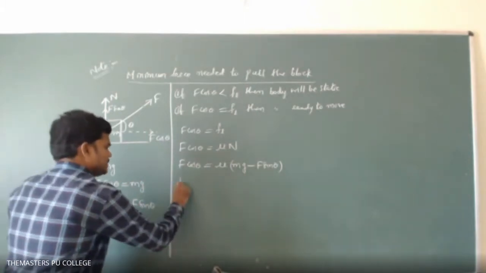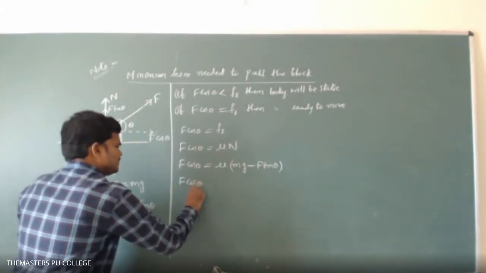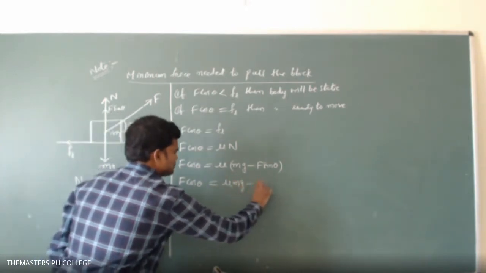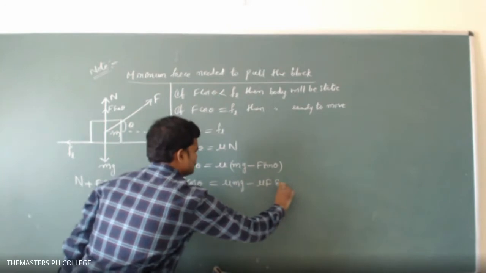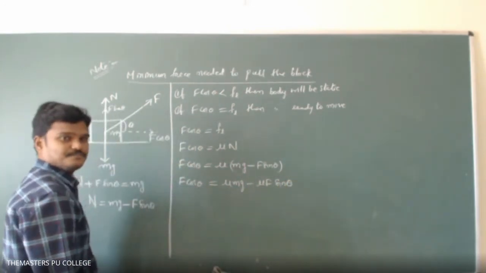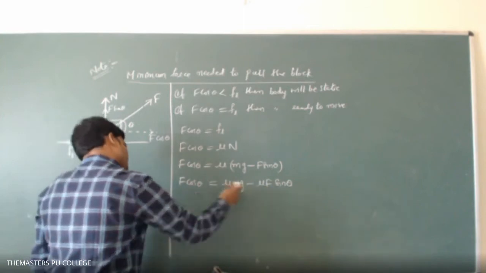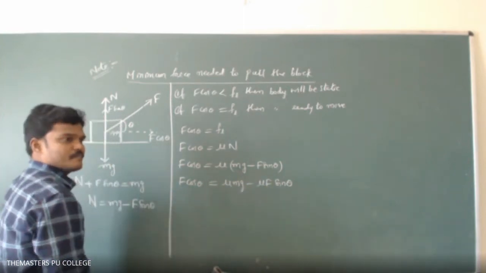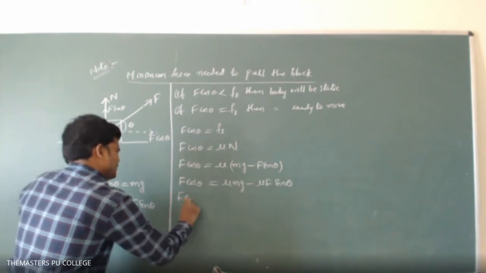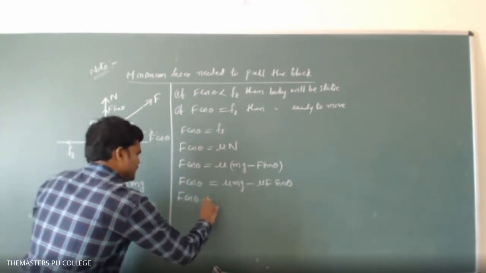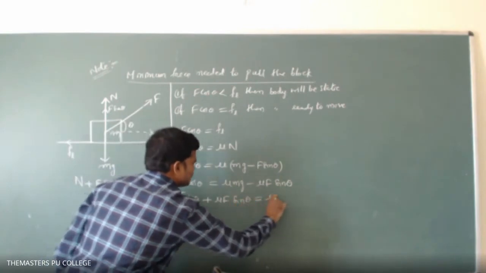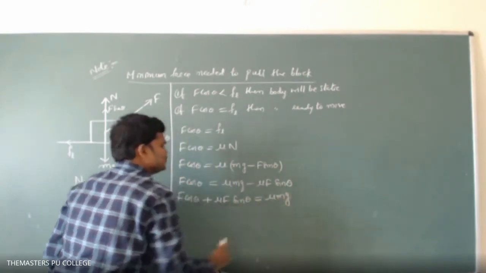So the left side is F cos theta. On the right side, just multiply: mu mg minus mu F sin theta. Take this mu F sin theta to the left side: F cos theta plus mu F sin theta, which is equivalent to mu mg.